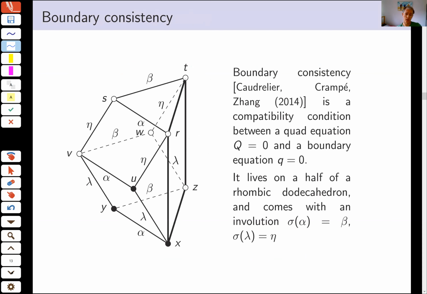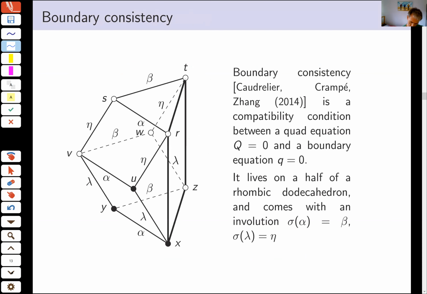And here is the answer. What you should have is a compatibility condition that is very similar to consistency around the cube. But in this case, we have half of a rhombic dodecahedron. And the consistency is that if you start with the black dots, X, U, and Y, you can use all the equations that you have.